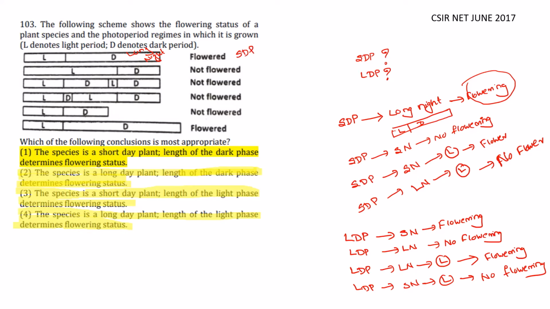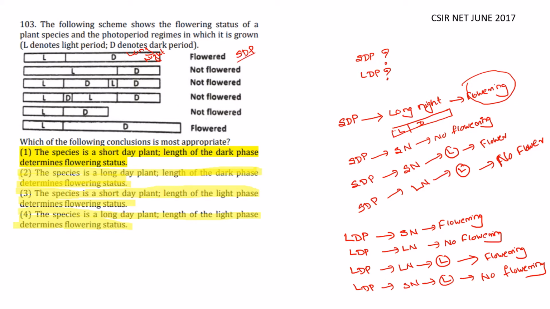A short day plant will flower in a long night. And darkness is determining flowering, not the light period. So here it is a short day plant.